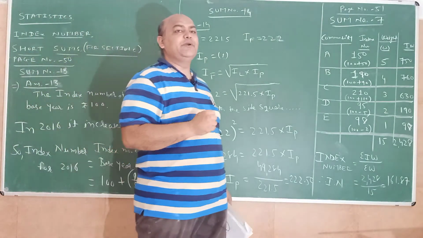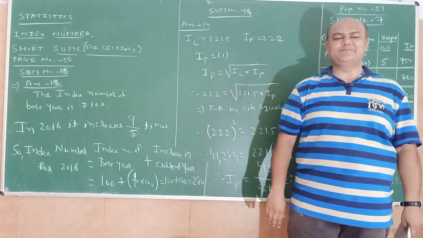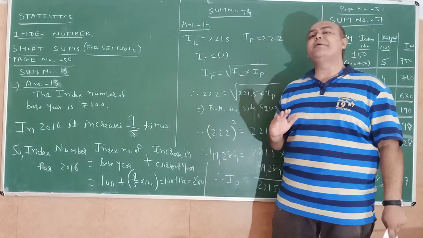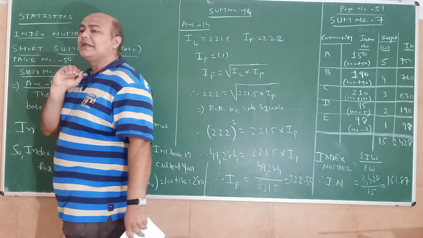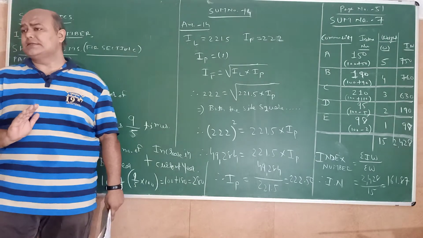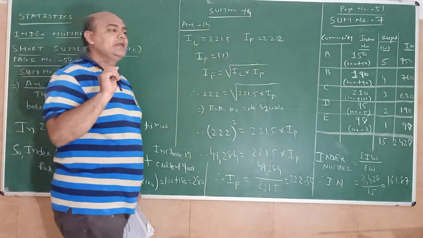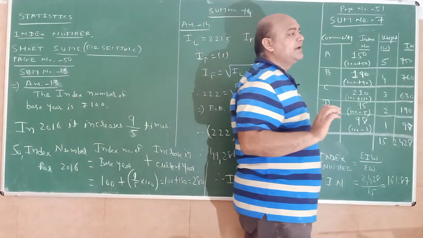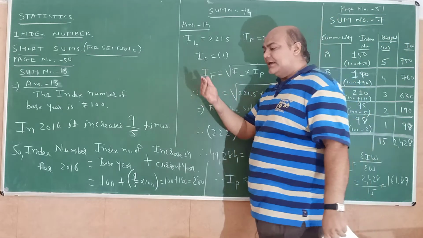If it increases by 20%, then the index number is 120. Suppose it decreases by 5%, then the index number is 100 minus 5, that is 95. If it decreases by 2%, then the index number is 100 minus 2, that is 98. In this way, we can find the percentage increase and percentage decrease with the help of 100.